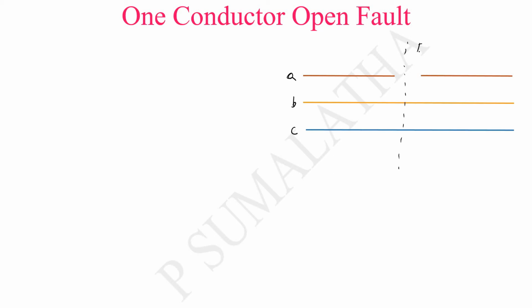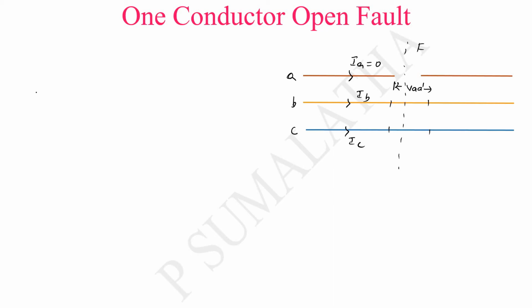Let us assume the fault current: IA is equal to 0, and IB current will be there, IC current will be there. Then what is the voltage across this? VA dash will be present, but VB dash and VC dash voltages will be 0.